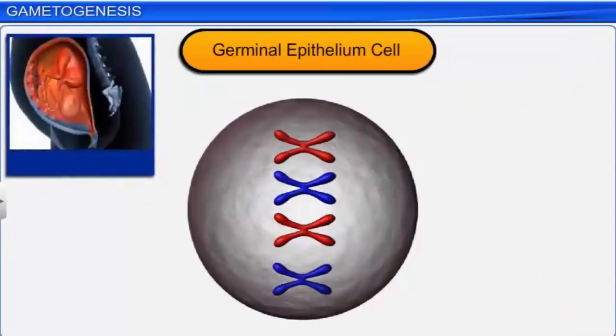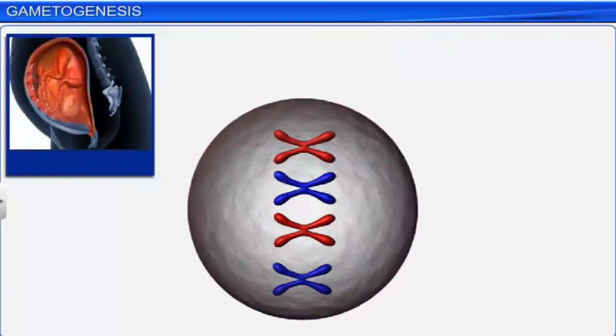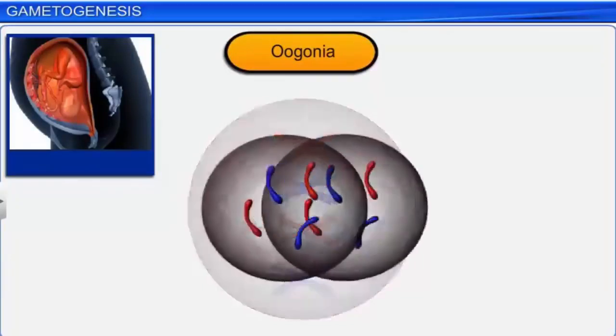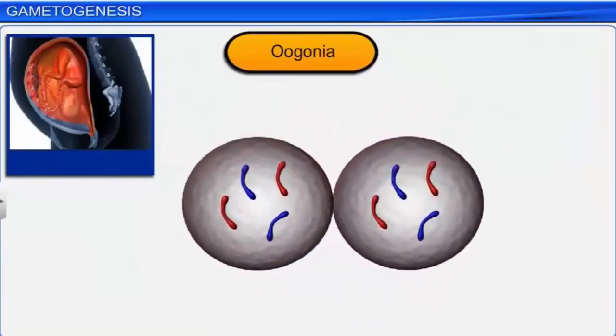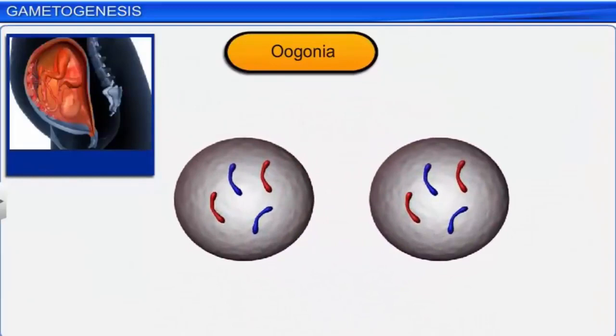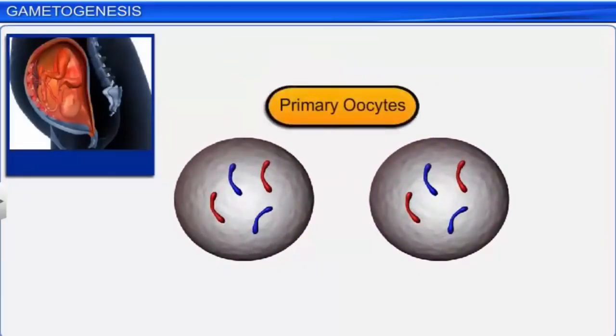While spermatogenesis occurs at puberty, oogenesis is triggered before a woman's birth. When the germinal epithelium cells in the ovary of the fetus divide mitotically, they form gamete mother cells called oogonia. A few oogonia divide again to form two immature cells called primary oocytes.